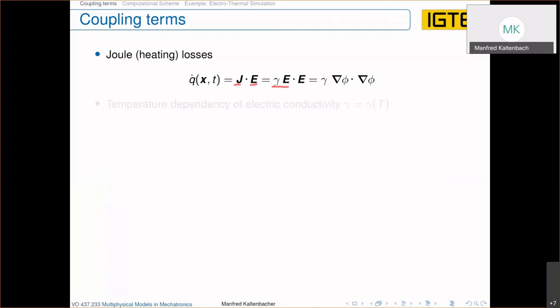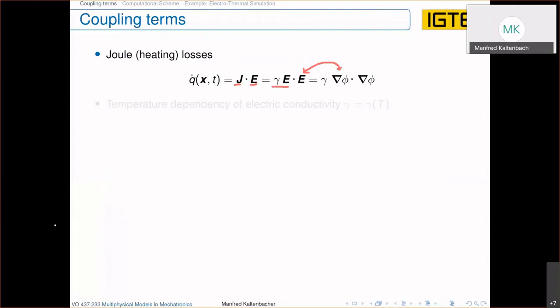And as we know, we have the relation between the electric field intensity E, which in our case is just the irrotational part, and therefore we can express E by the gradient, or to be correct, by minus the gradient of the electric scalar potential phi.